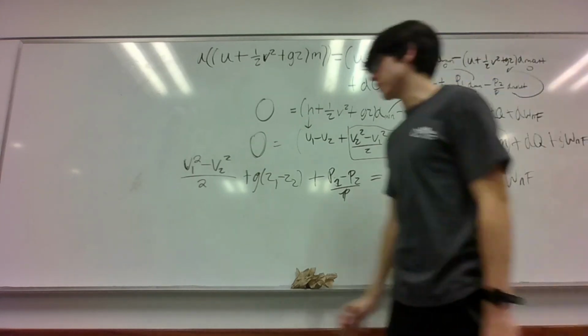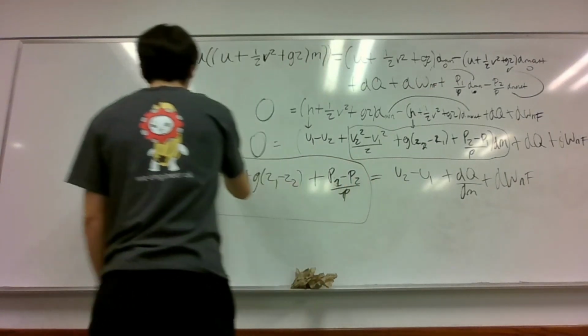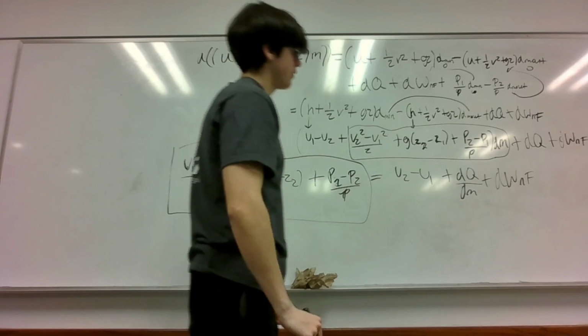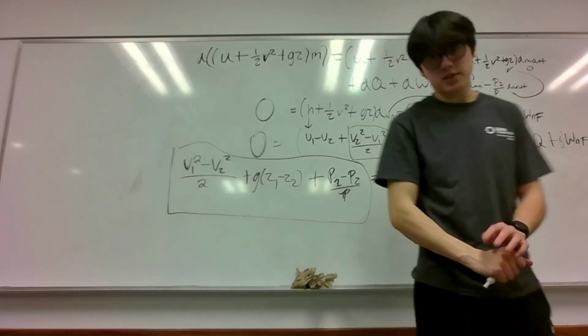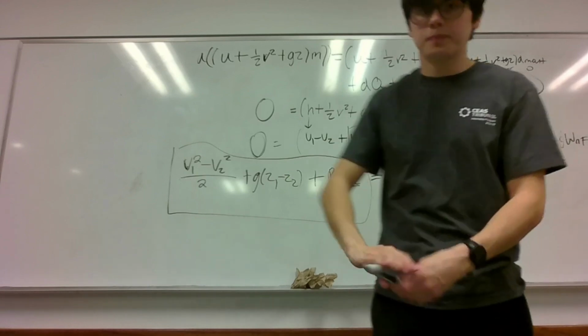So this becomes Bernoulli's equation here, and we can use this expression to solve different flow systems and different properties of these systems. So let's go ahead and take a look at an example for one of these problems.